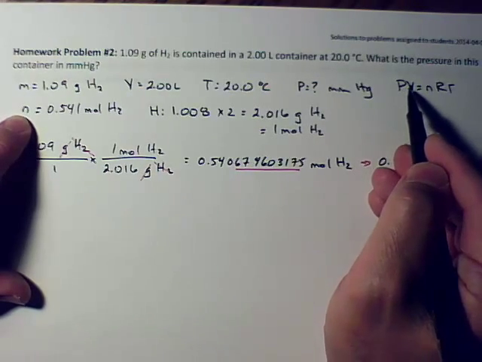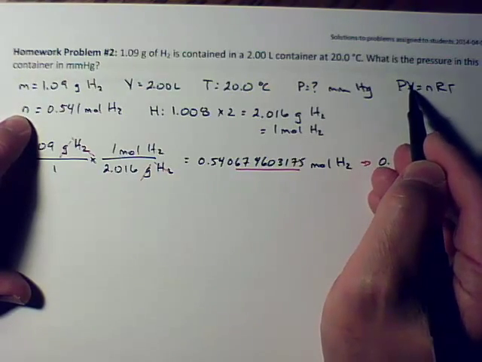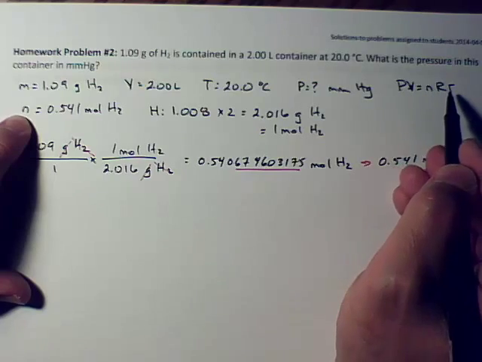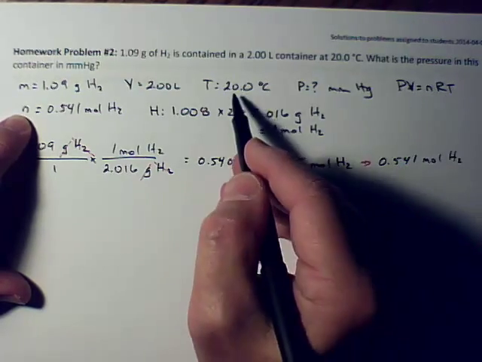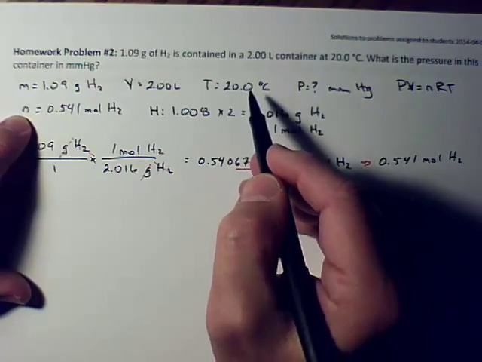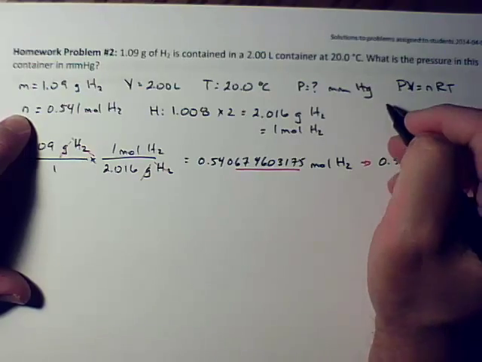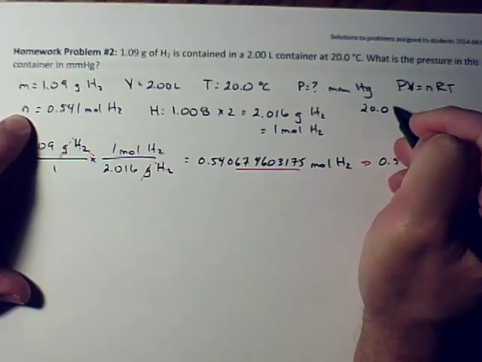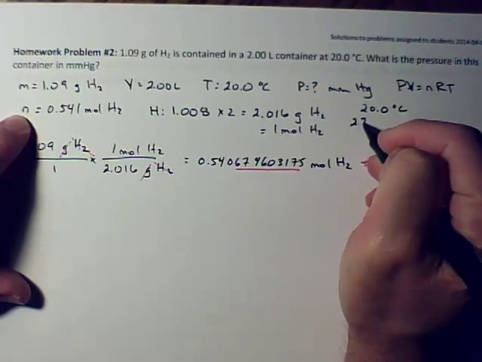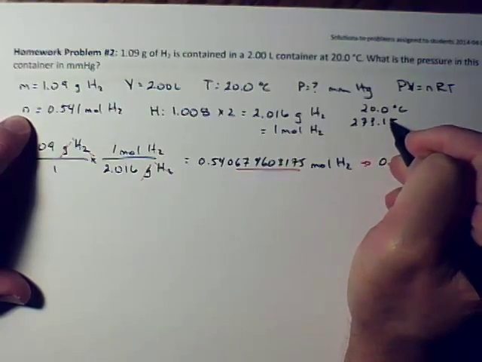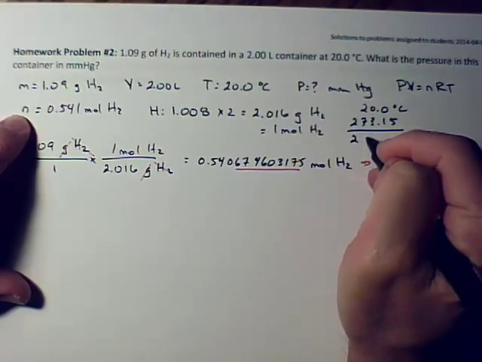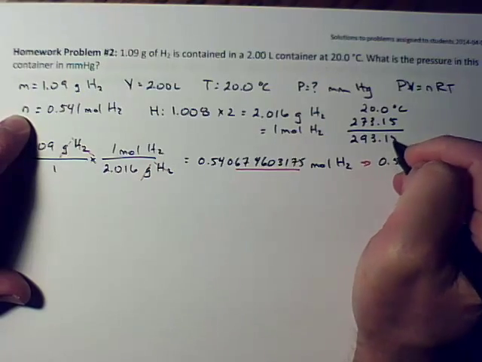So I've got pressure. I'm trying to find pressure. I've got volume. I've got moles. All I can look up, and T is 20 degrees C. Bells and whistles. Got to change that into Kelvin. 20.0 degrees C plus 273.15 to 293.15.